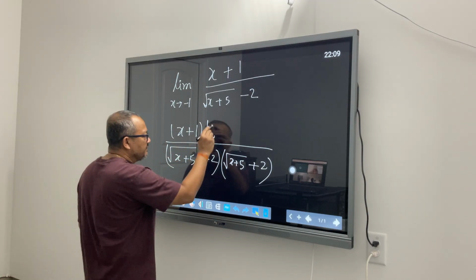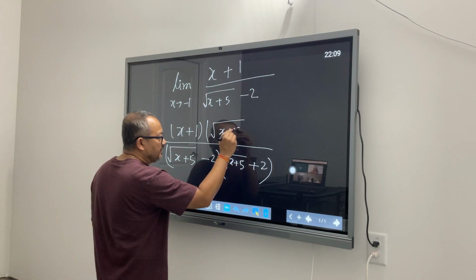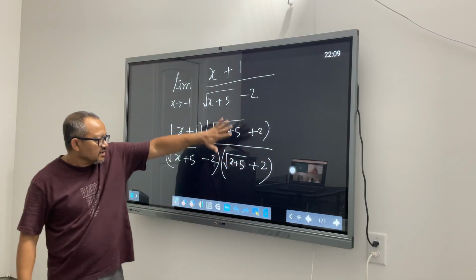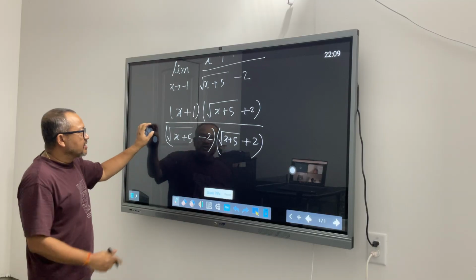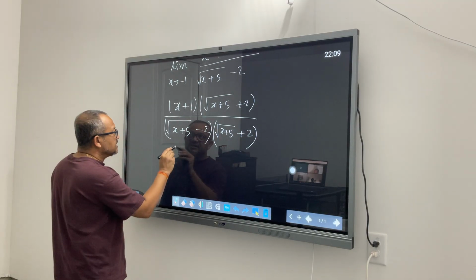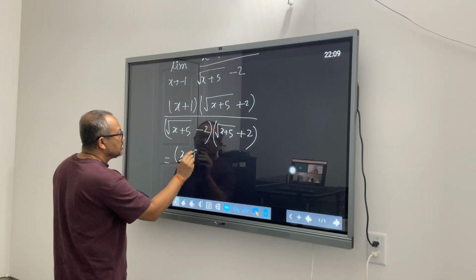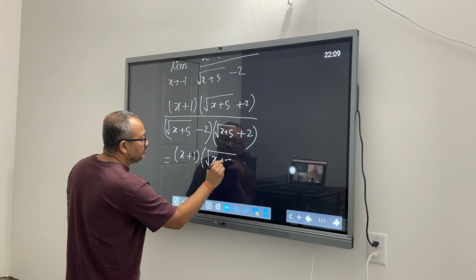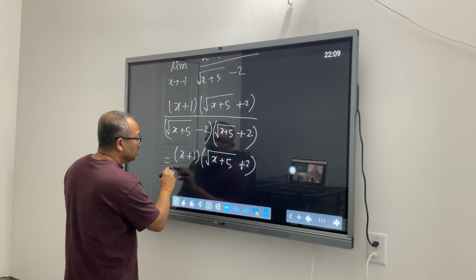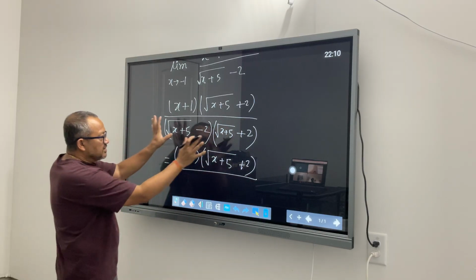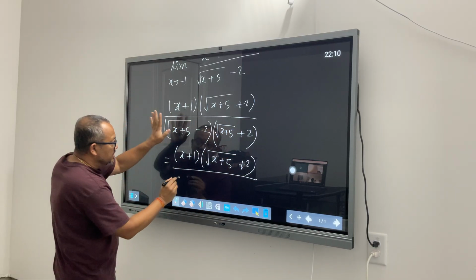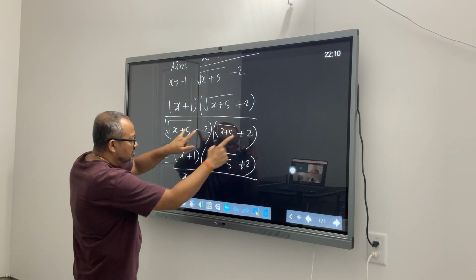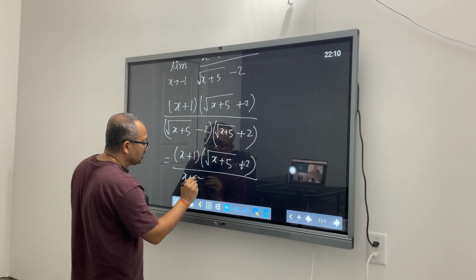And then here we have square root of x plus 5, plus 2. So we multiply with this in both places. Now because of this, the numerator became x plus 1 times square root of x plus 5 plus 2, and the denominator became this square minus this square. This square is x plus 5, and minus 2 square is 4.